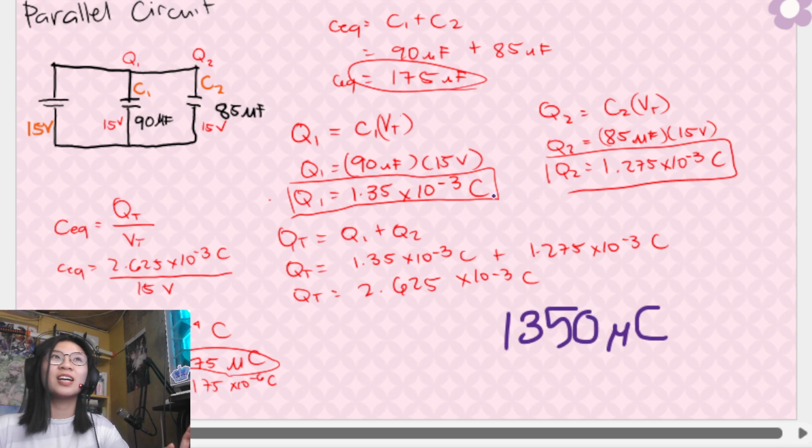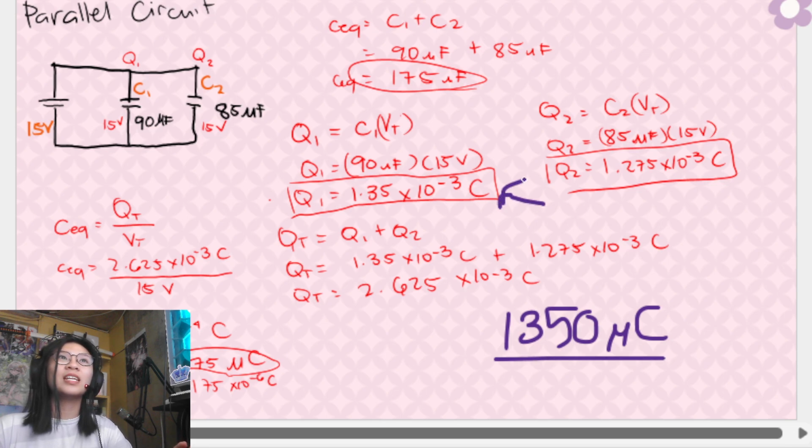That is also the same as this. My old technique was to write 90 times 10 raised to negative 6 multiplied by 15. But then I realized I can do it like this and it is still the same.